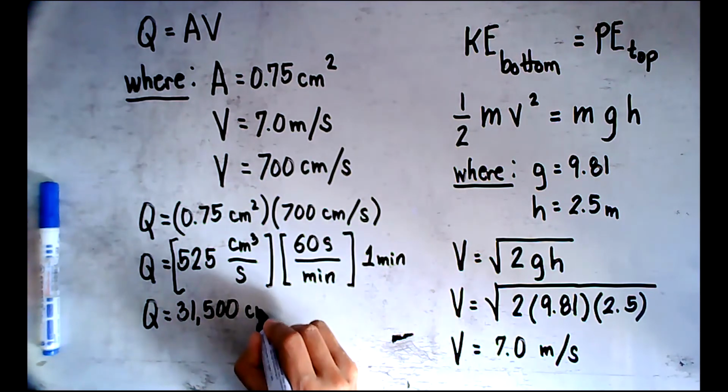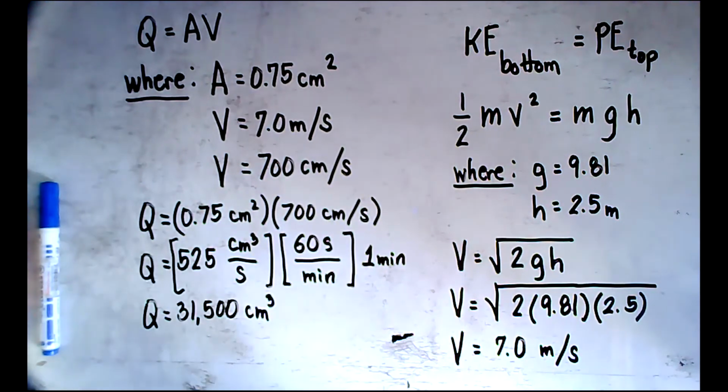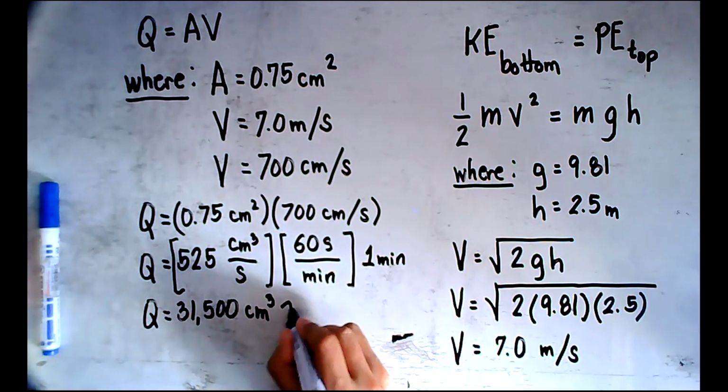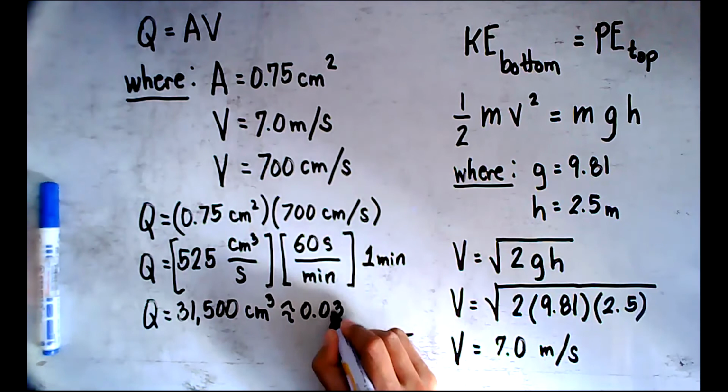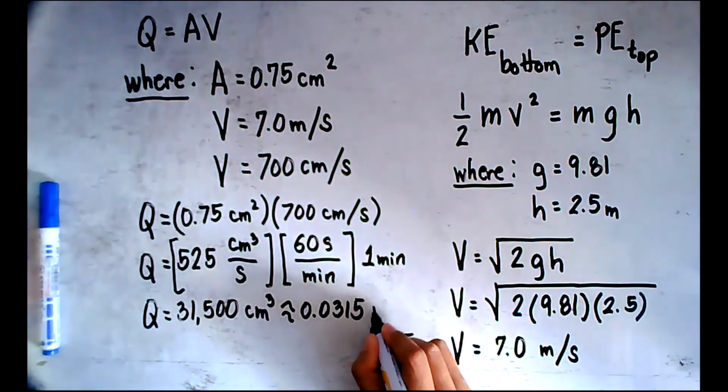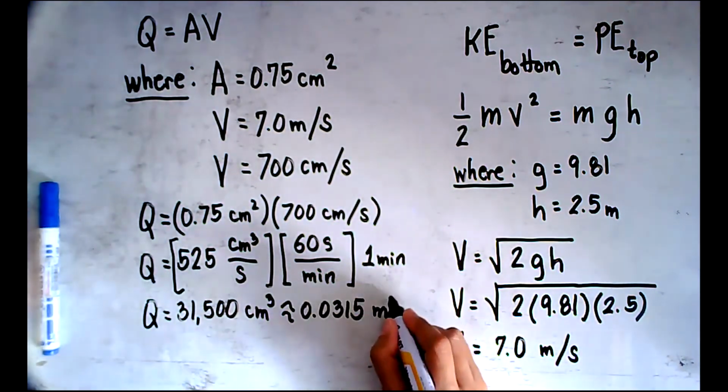cubic centimeters, or that is equivalent to 0.0315 cubic meter.